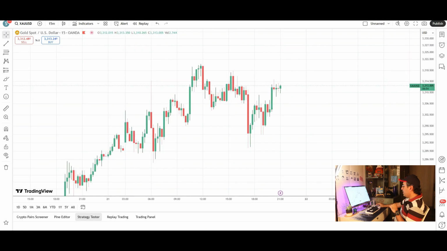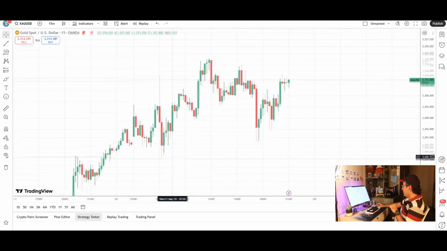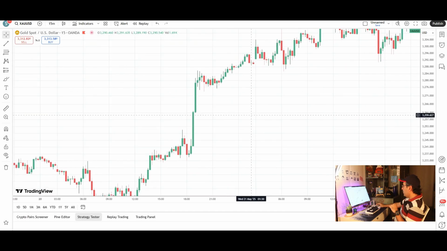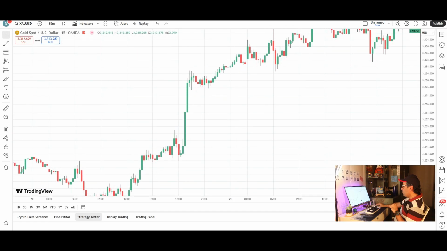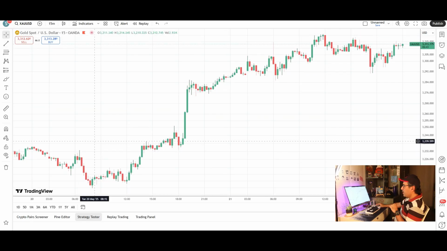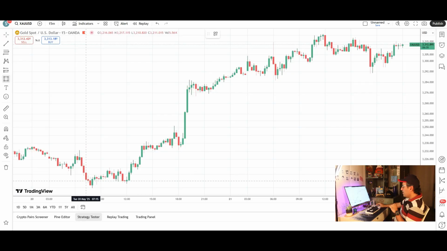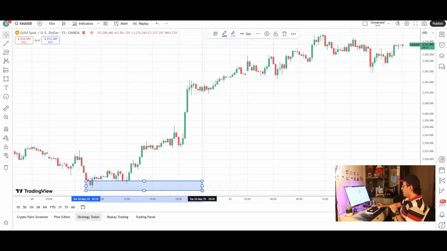The gold market. Gold is loved by the traders because it's very volatile and very easy to trade regarding the support and the resistance. This is your support area.